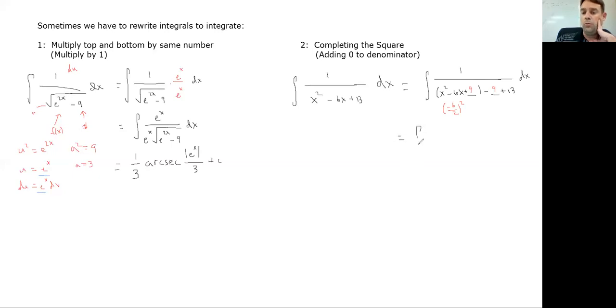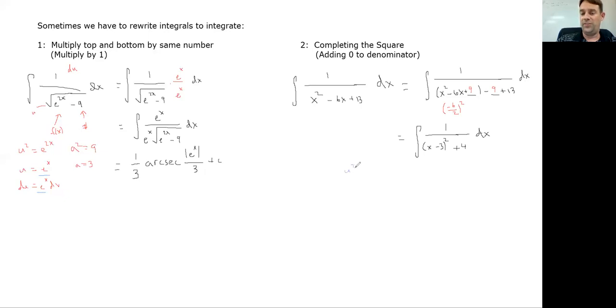And now, once we do that, I have x minus 3 squared. Now you can start to see how, by completing the square, it turns itself into an arctangent problem. Why don't you go ahead and finish up from there and see what you end up with.